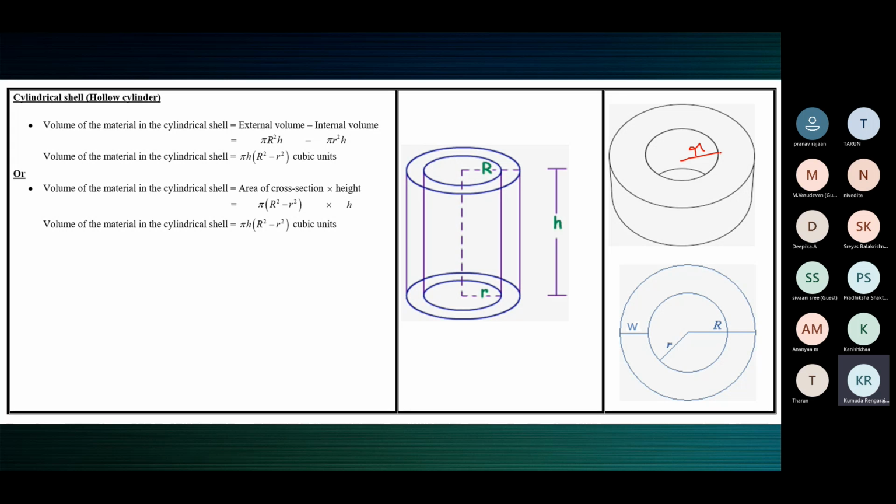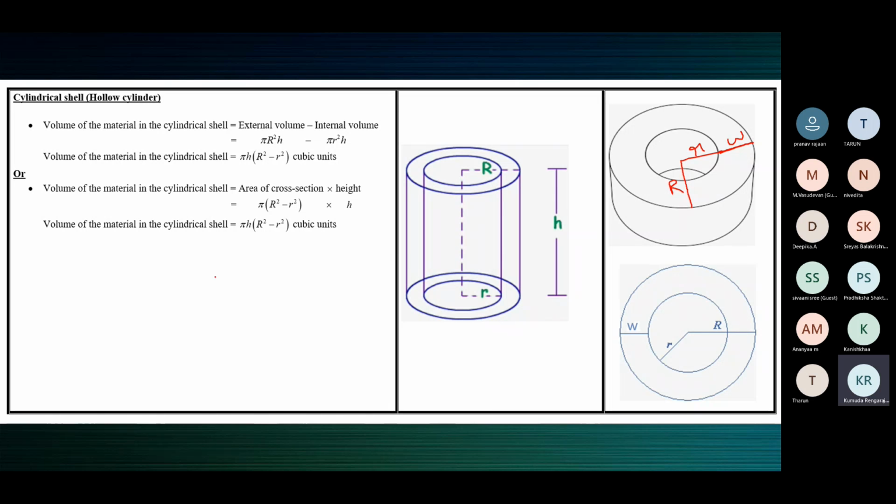This is the width or the thickness of the wall of the cylinder, which is denoted by the letter W, small letter w. r plus w is equal to capital R, which is the outer radius. So we'll see this in detail when we take up a cylindrical shell or a hollow cylinder. We'll take this up in detail.